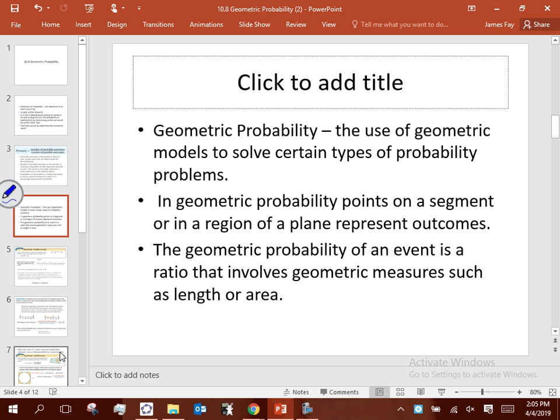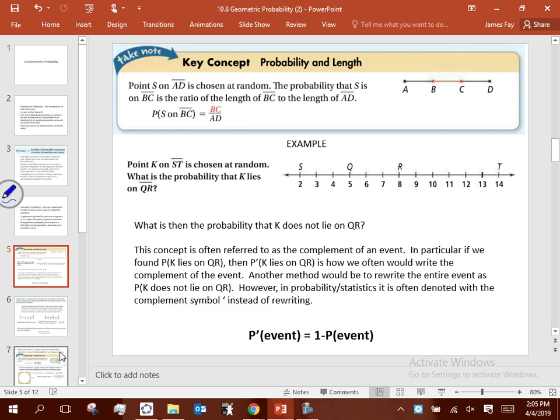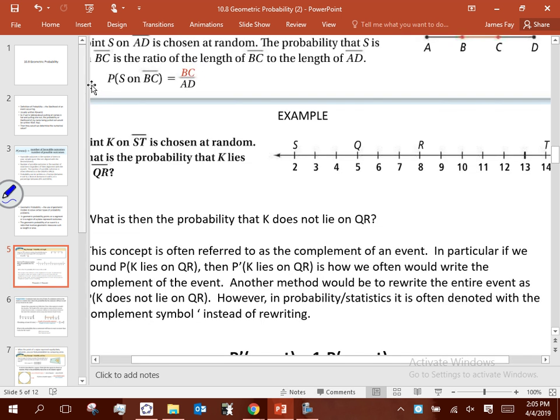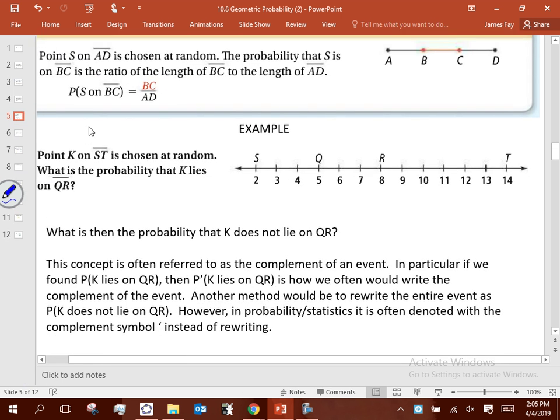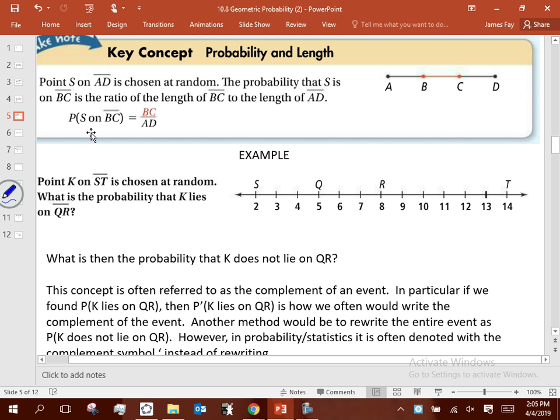Okay, so here is the rule, or the concept, that we discuss when we talk about waiting in a line. It says point S on segment AD is chosen at random. So you've got this S somewhere on this line.